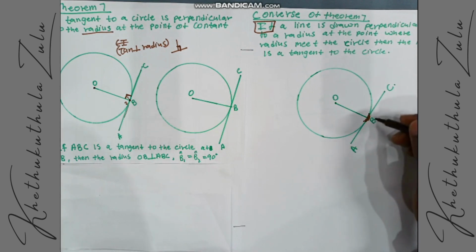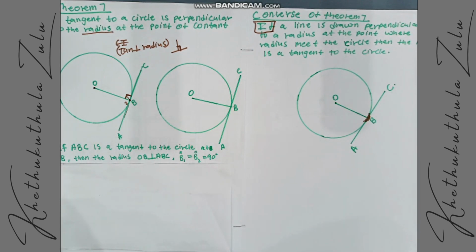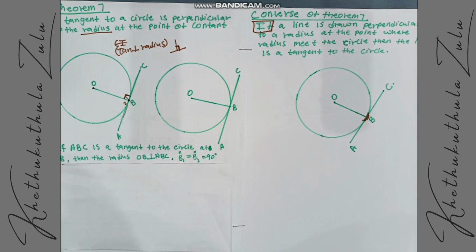Then the line APC is a tangent to a circle. That's what it's basically saying about the converse of theorem number 7, where you are proving that APC is a tangent.